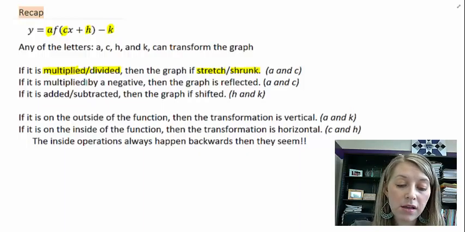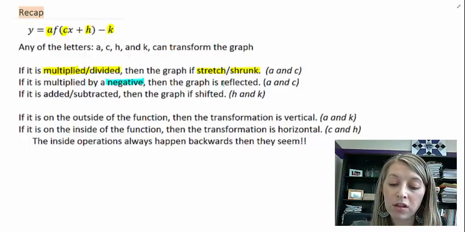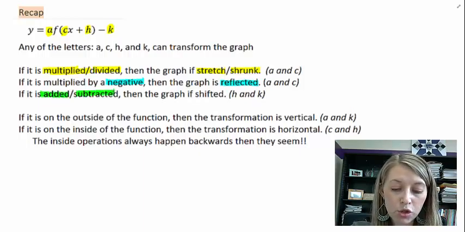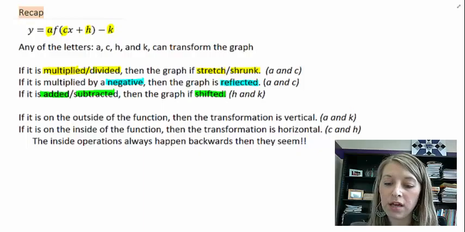If it is multiplied by a negative, then the graph is reflected. If it is added or subtracted, then the graph is shifted. And I've tried to summarize that by which letters are happening there. So A and C is all the multiplication, and then H and K is all the addition and subtraction.